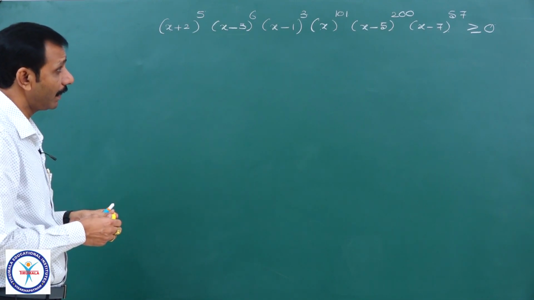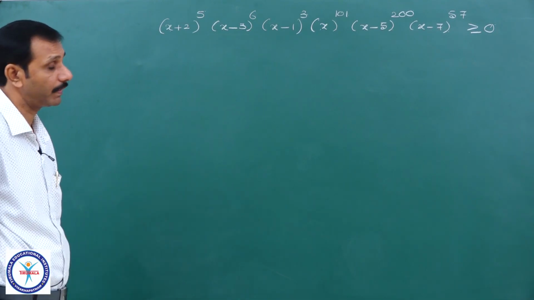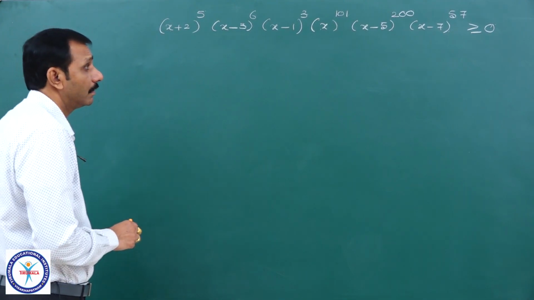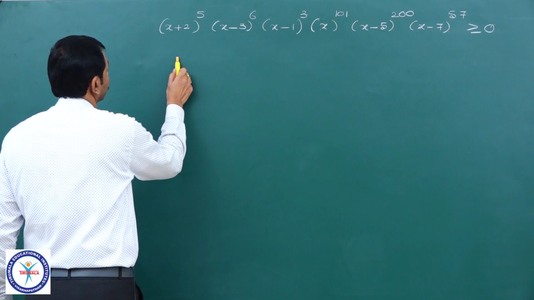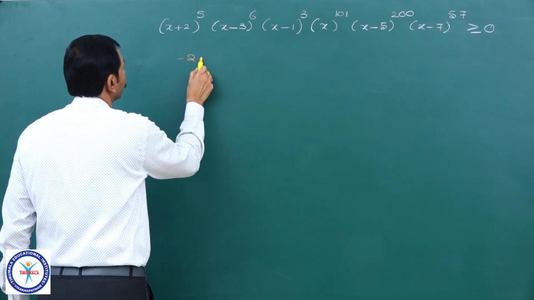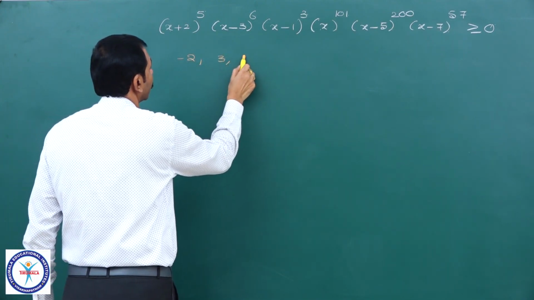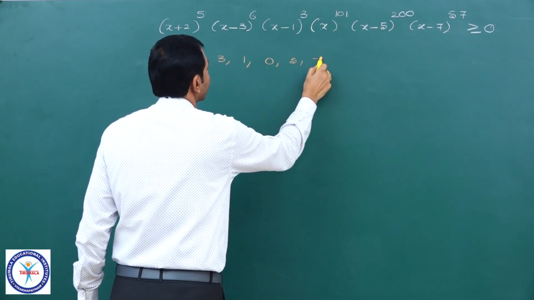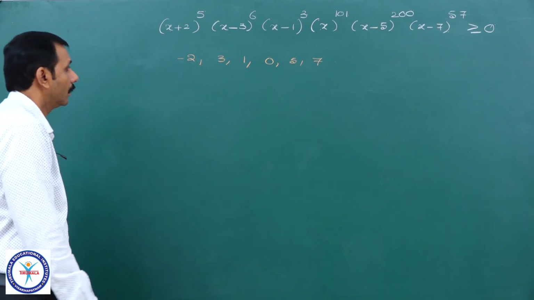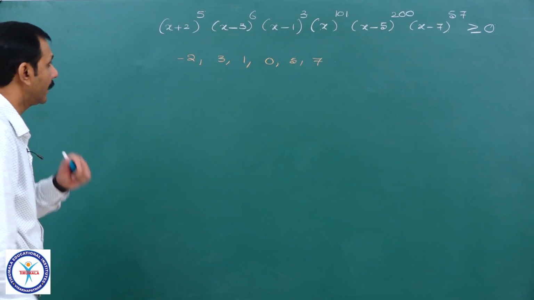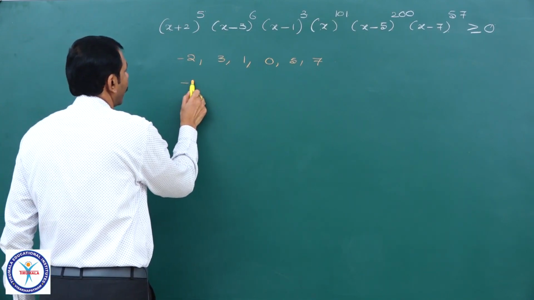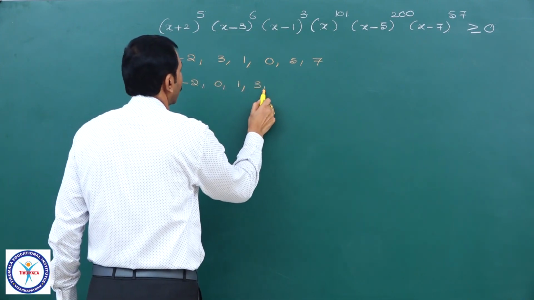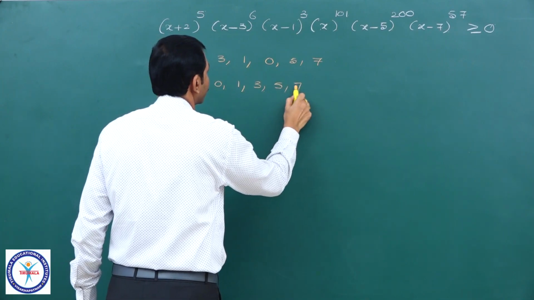Let us see what values of x will satisfy it. First observe this: what are the zeros of this expression? Minus 2, 3, 1, 0, 5, 7. Let us write in increasing order: minus 2, 0, 1, 3, 5, 7.